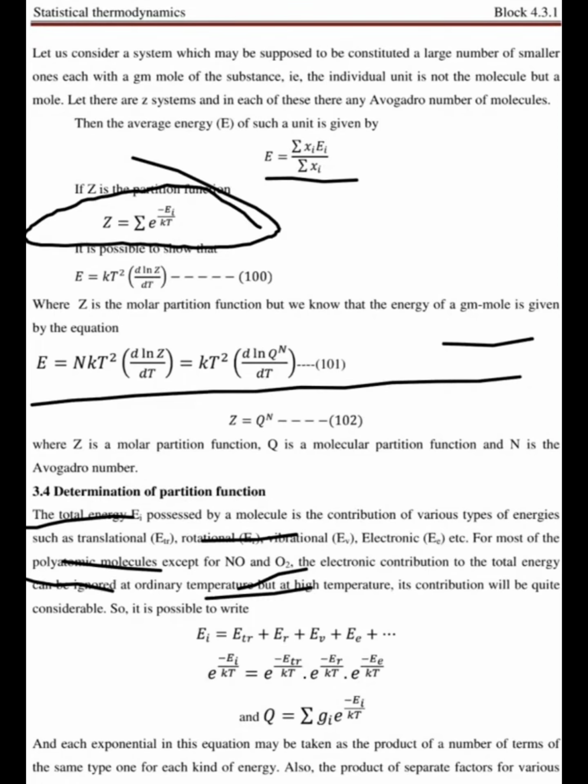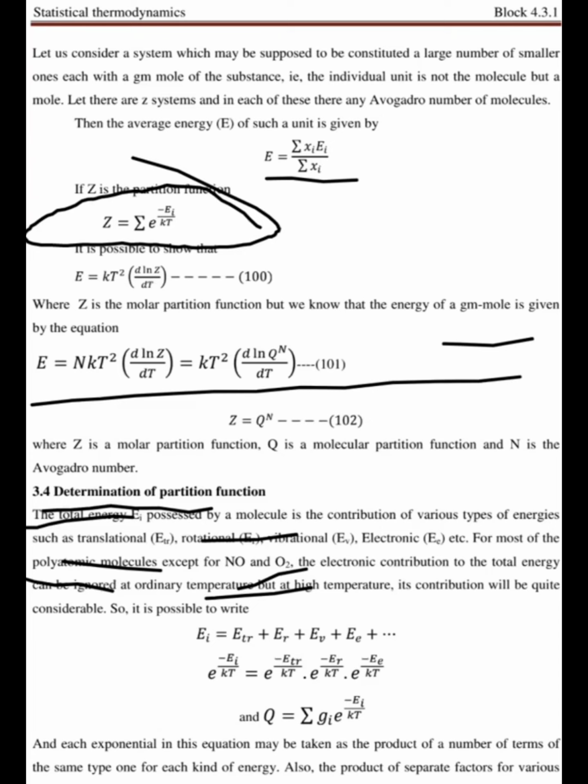So it is not meant for low temperature; up to a certain high temperature, this partition function can be derived. Some molecules at low temperature in a reaction cannot get partition function values from this. Why do we get the partition function? Because we are going to calculate the ratio of the total number of particles to the number of particles present in a given energy level in the ground state.